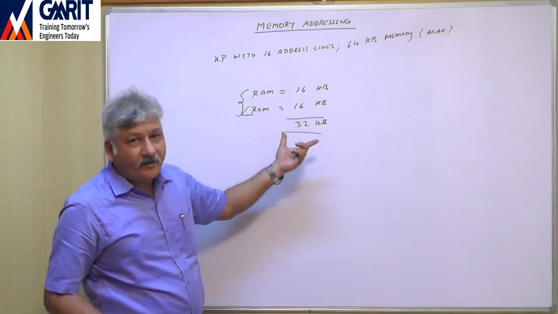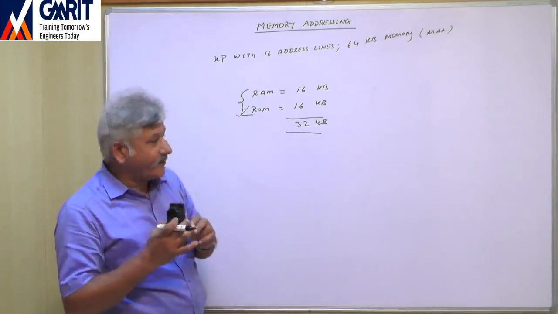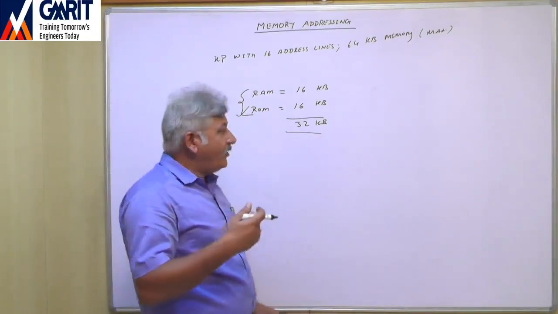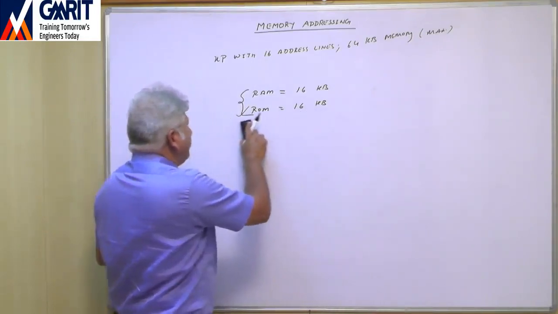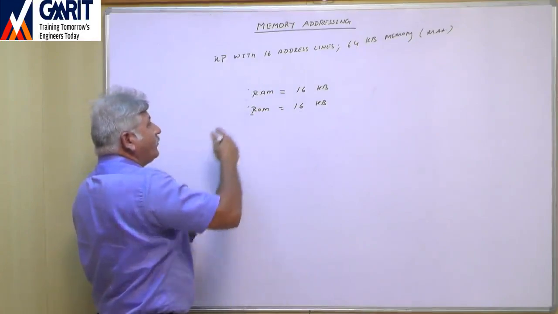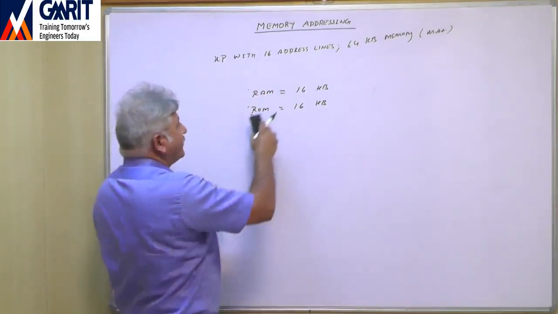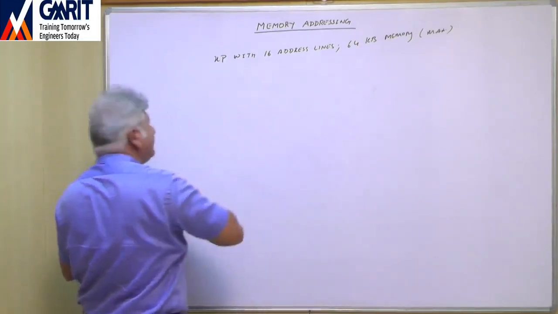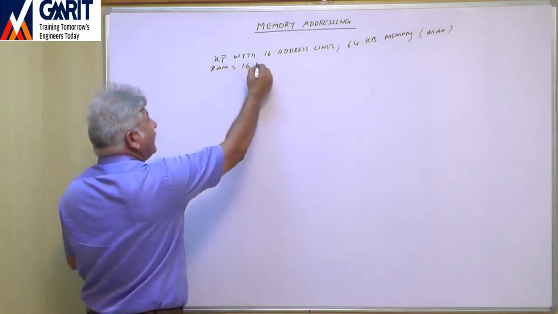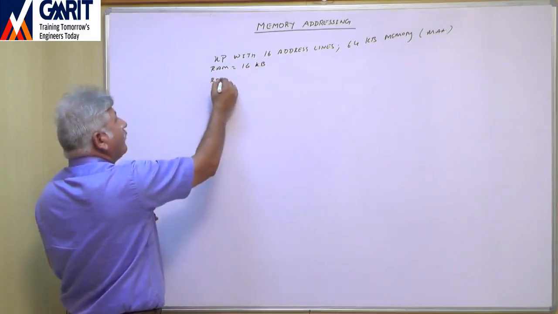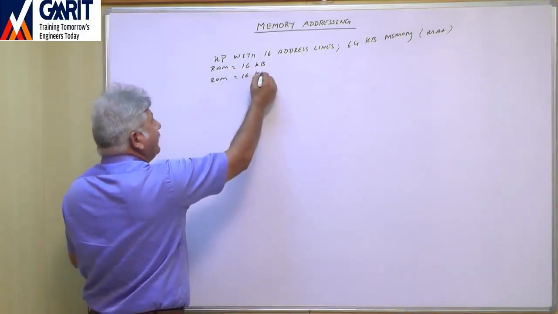So in total we are connecting 32 KB out of 64 KB. This is possible. So depending upon our application, we shall first find out how much memory we want to connect. Suppose in our application we want to connect one RAM of 16 KB and one ROM of 16 KB.